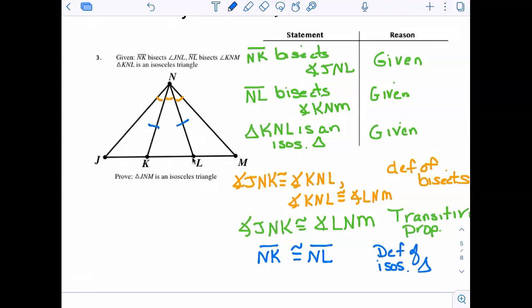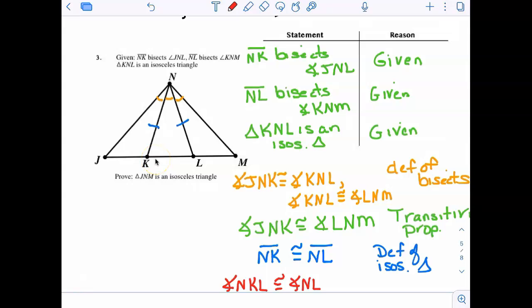And then we had a proof in our last lesson where we had an isosceles triangle, and hope you remember that if we have an isosceles triangle, then we also know that these base angles should be congruent. So now we can state that angle NKL is congruent to angle NLK.